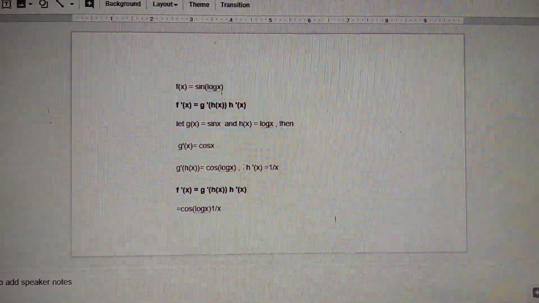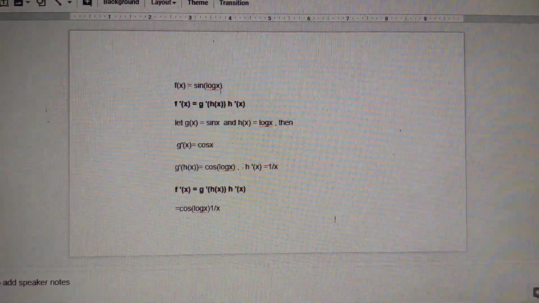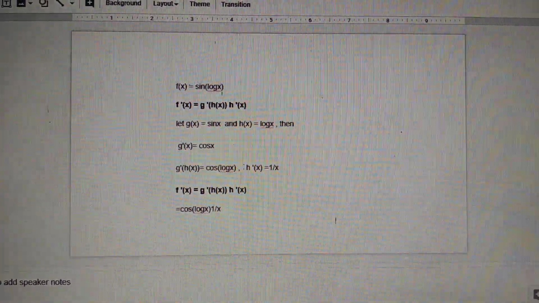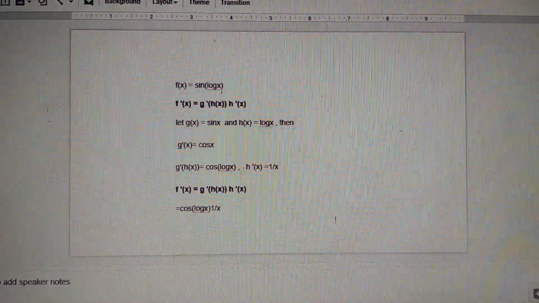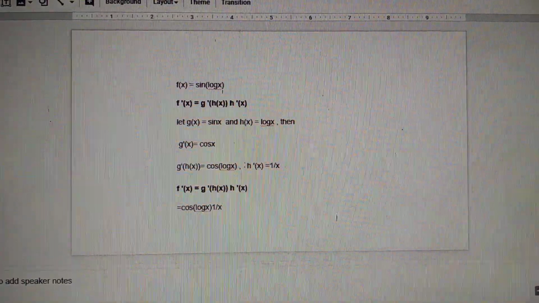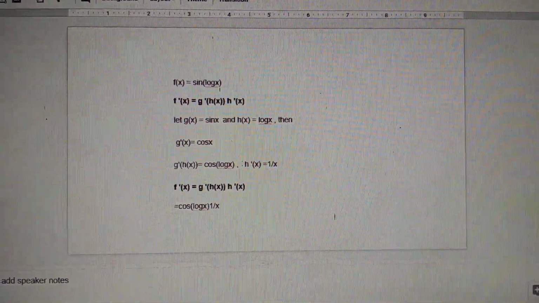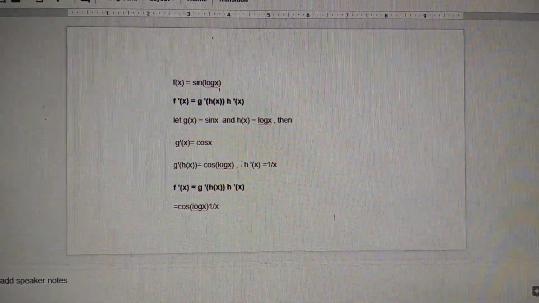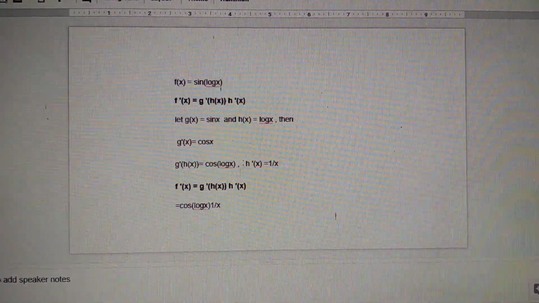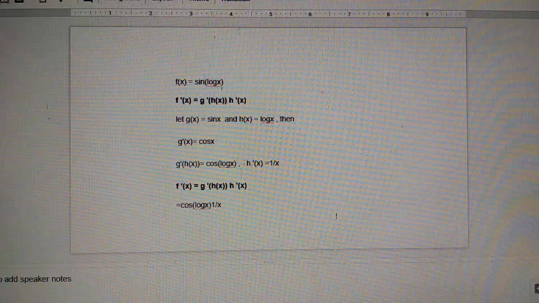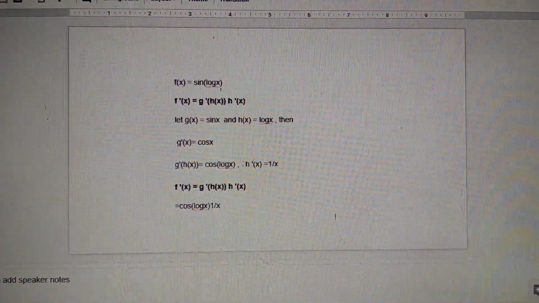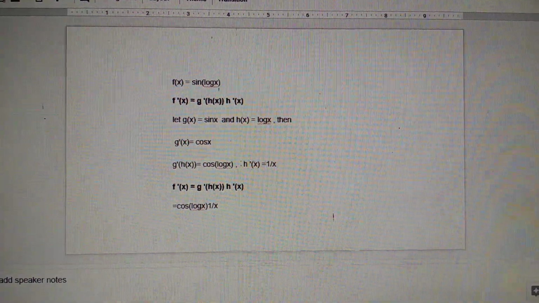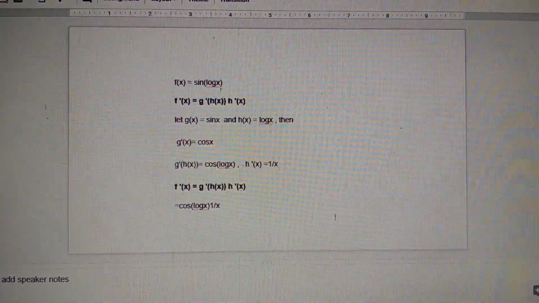If f(x) is equal to sine log x, clearly f(x) is the composition of two functions. Let g be sin x and h be log x. Now the derivative g dash is cos x and the derivative of h is 1 upon x. The derivative of g dash compose h(x) is cos log x.